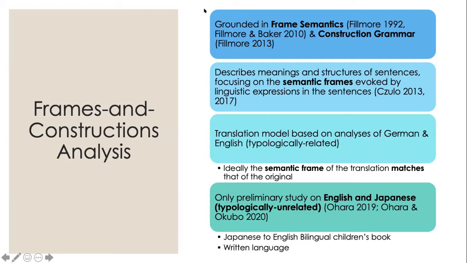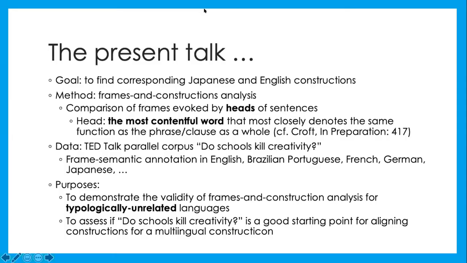The study is preliminary, however, and no study exists that explores the validity of the method in analyzing translations from English to Japanese and of spoken languages. So the present talk reports on an effort to find corresponding constructions between Japanese and English in a TED Talk parallel corpus using the specific frames and constructions analysis method used in Ohara 2019 and Ohara and Okubo 2020.